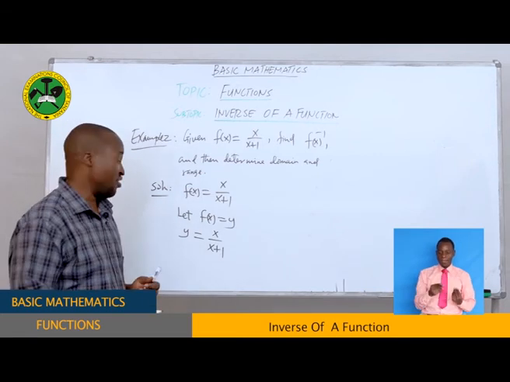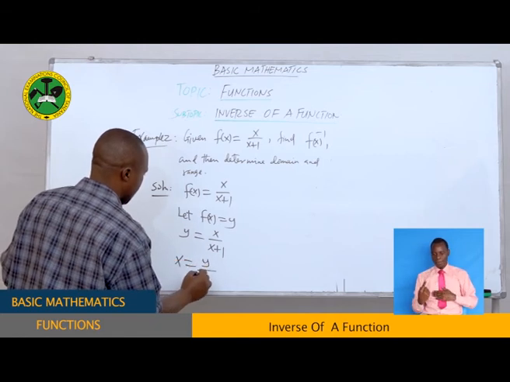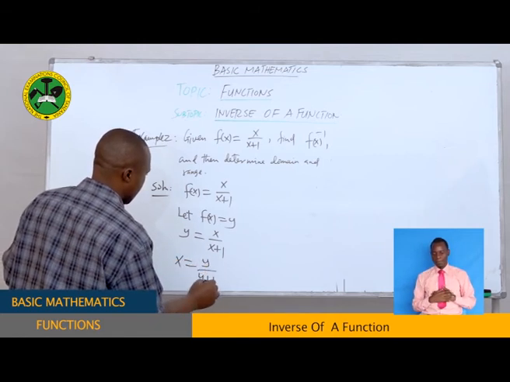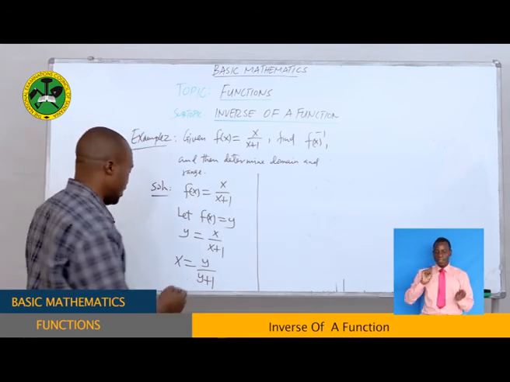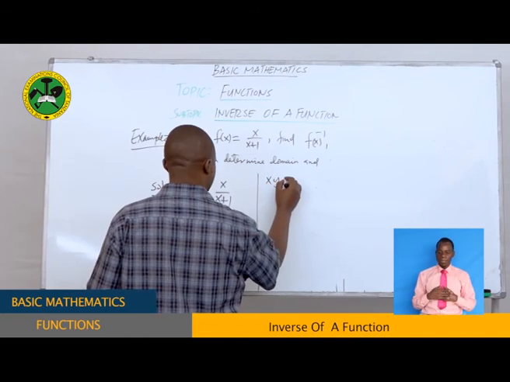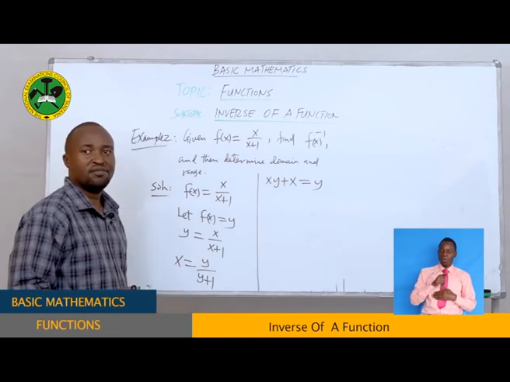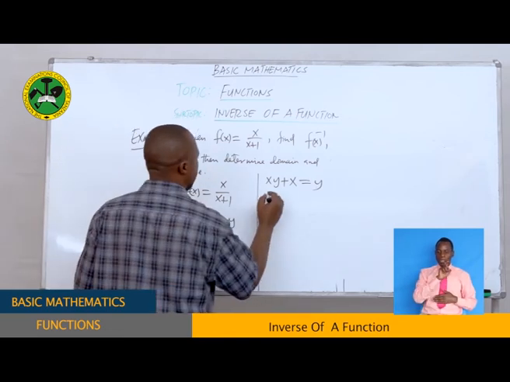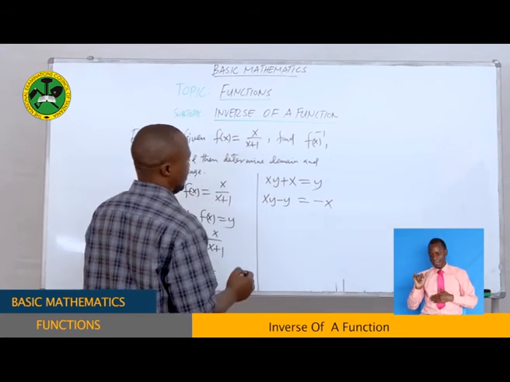Now interchange the variables. So we have x is equal to y over y plus 1. So our intention is to make y the subject. So in this case, we have xy plus x is equal to y. Now collecting like terms, that is xy minus y is equal to negative x.